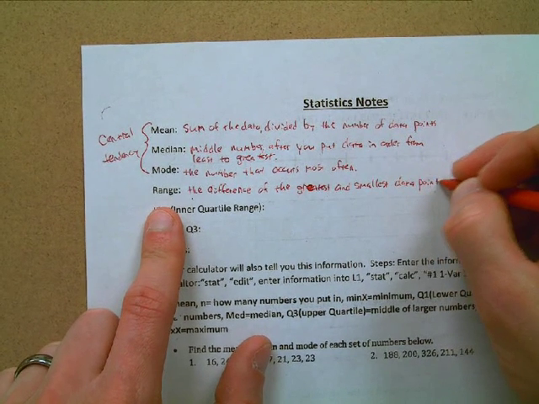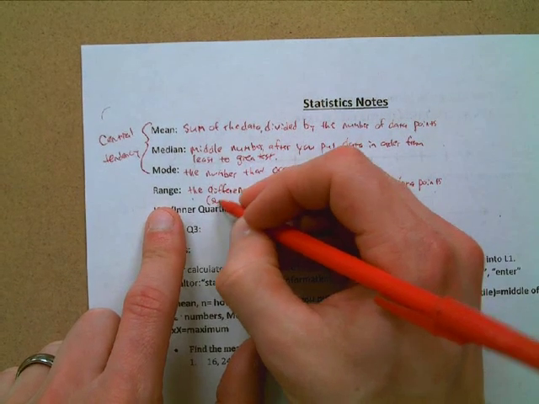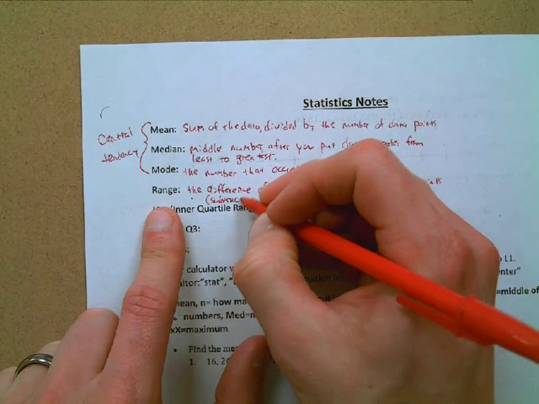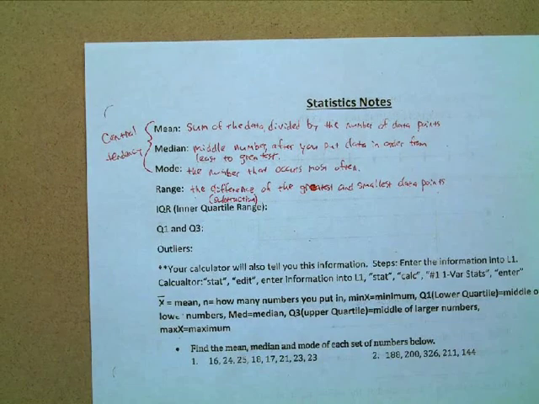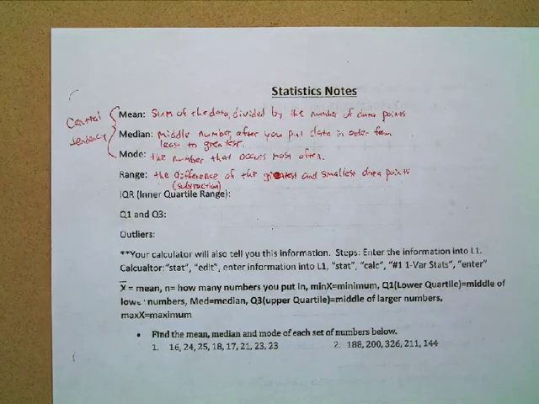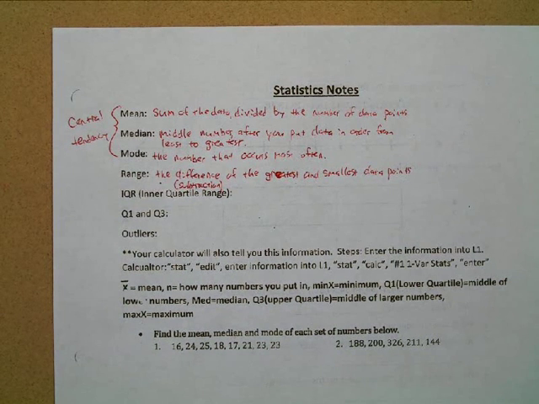Okay, and I say difference, but that really means subtraction, right? Okay, the difference of the greatest and smallest data points, subtraction. So you subtract the smallest from the biggest. Yeah, smallest from the biggest. You take the biggest minus smallest.